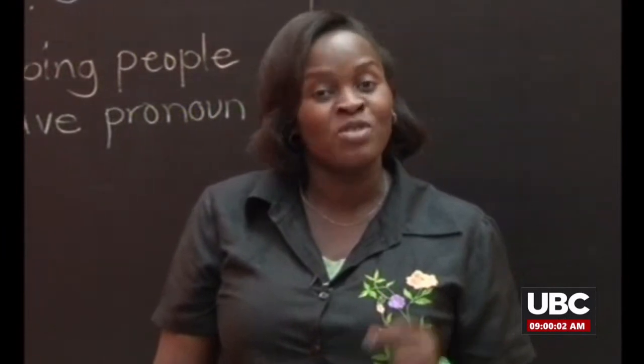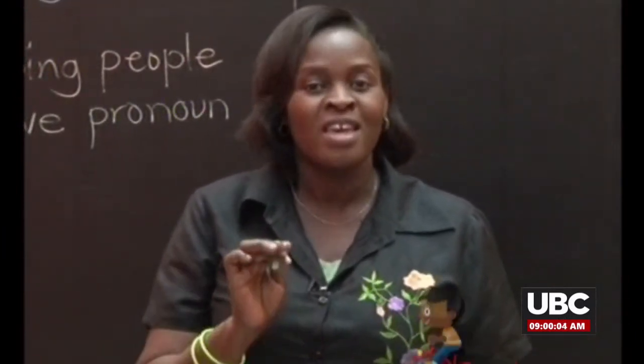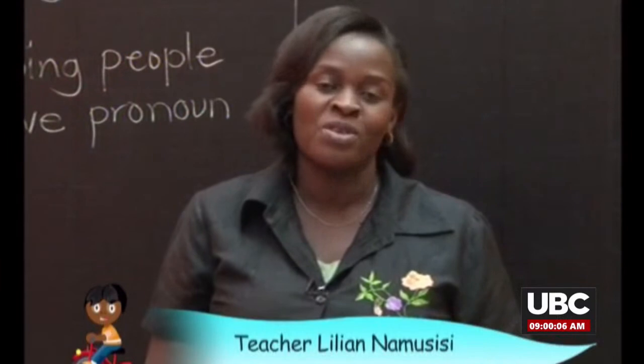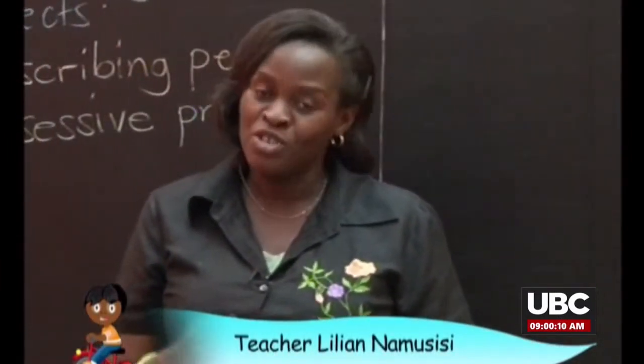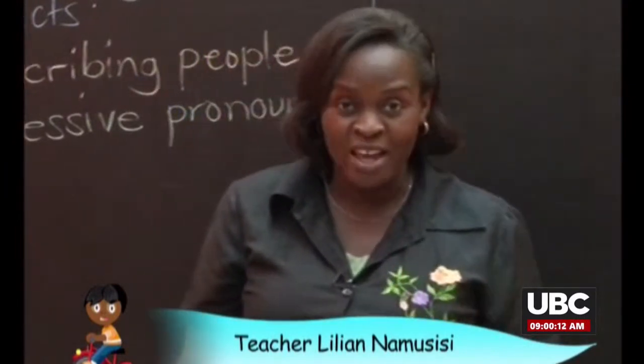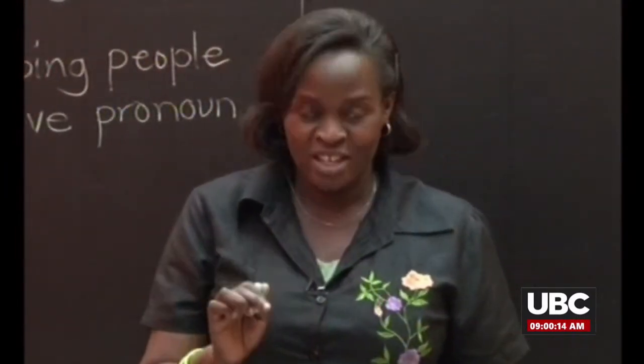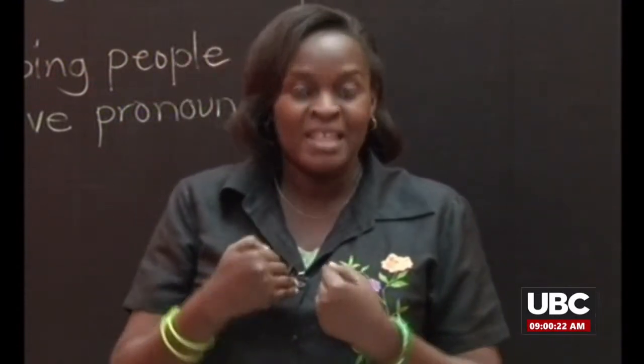For example, if I want to talk about John, I might not pronounce the name John and then I say he. That is a pronoun. If I want to talk about Jane, I might not say the name Jane, then I say she. Or the teacher, myself, I talk about me. That's the word used instead of a noun.